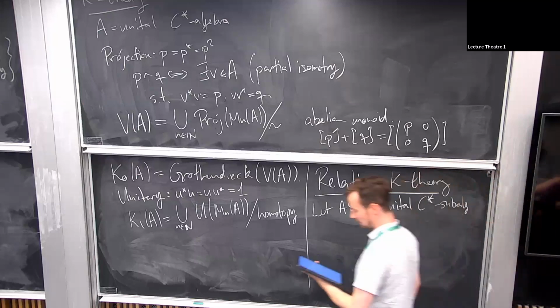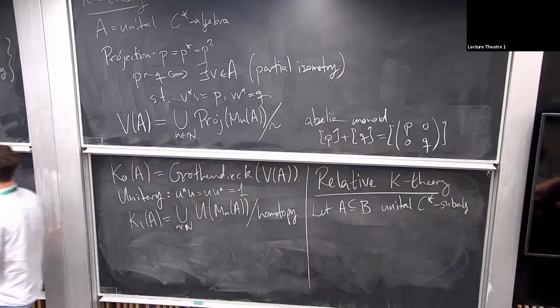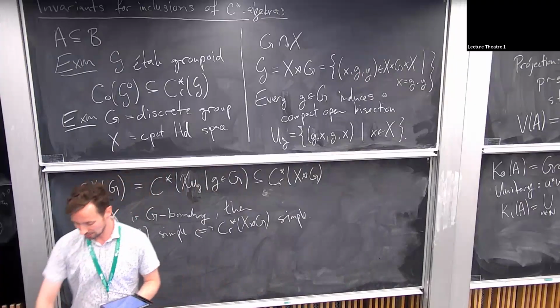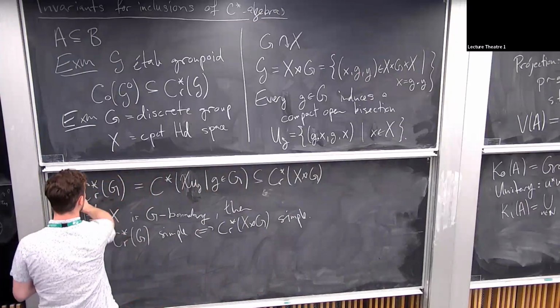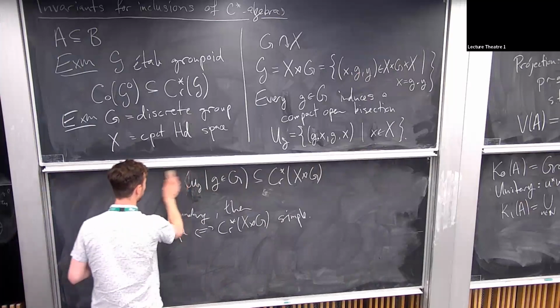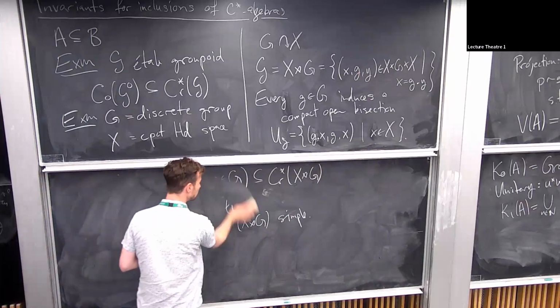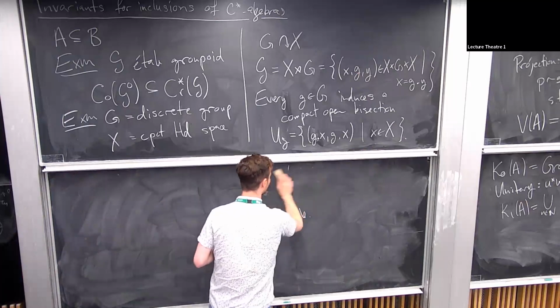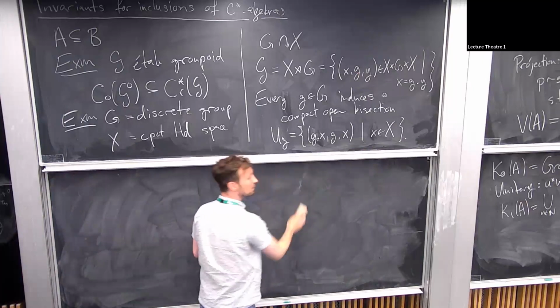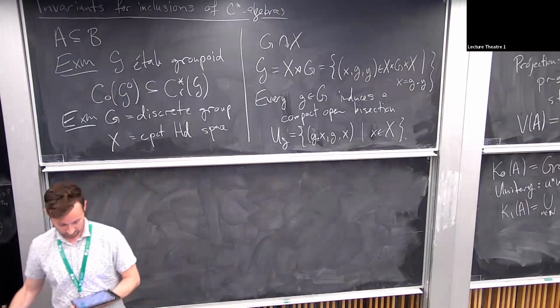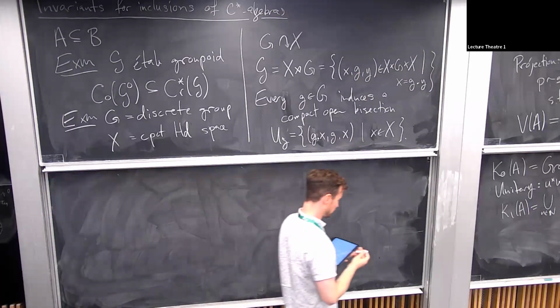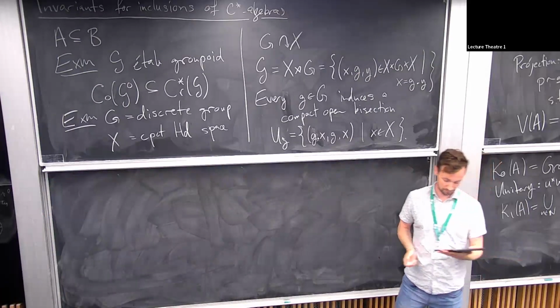What I'm going to do now is define a construction of K-theory, or something that looks very similar to what I've just defined for you, but it uses both A and B. And this is what is often referred to as the relative K-theory.